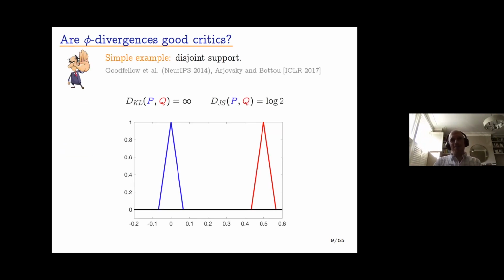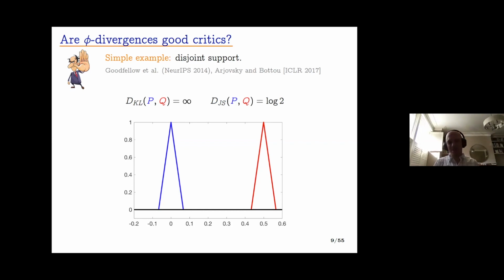So are phi divergences good critics? Arguably not. Remember, the critic function is something that I'm going to be using to compare samples from P and samples from Q. Ideally, it's going to give a useful signal to my generator, which is generating Q, that tells me that I'm getting Q closer to P. Now, if I'm generating samples in some very high dimensional space, for instance images, it's almost certainly the case that the support of P and Q is disjoint.